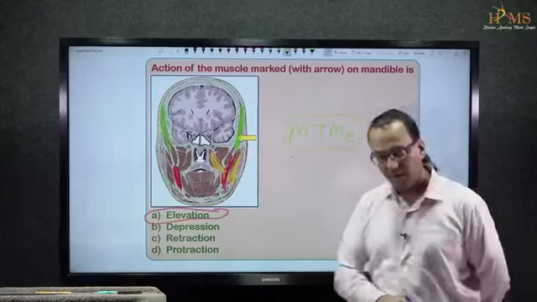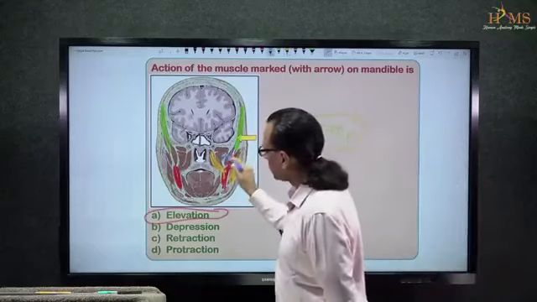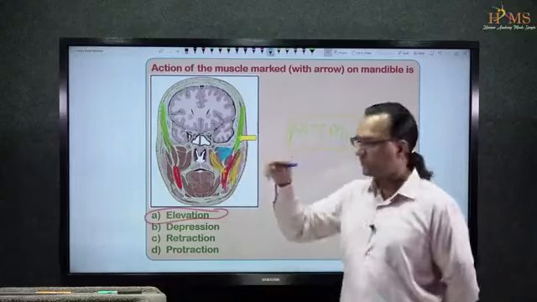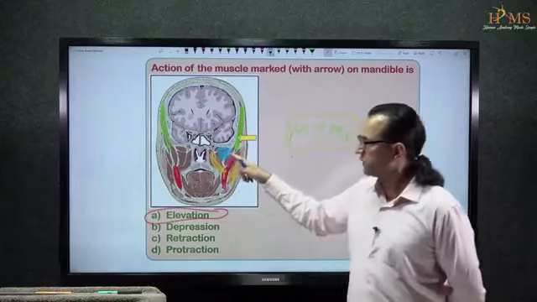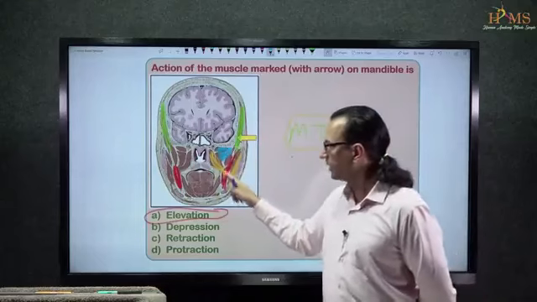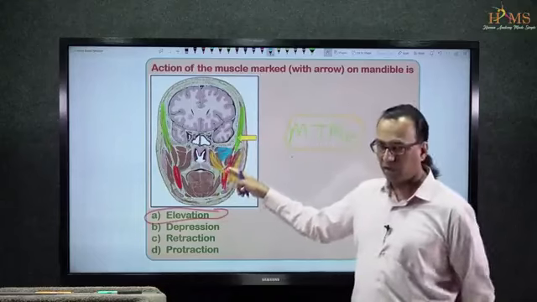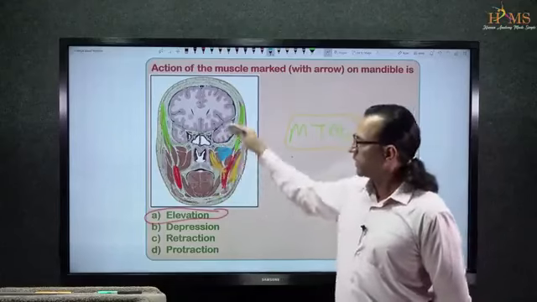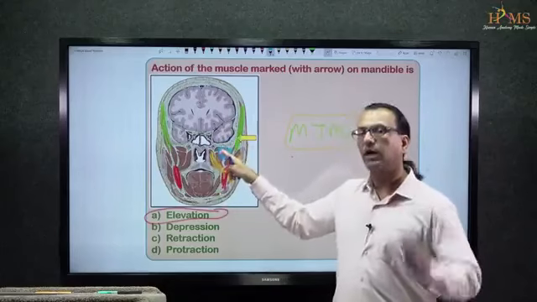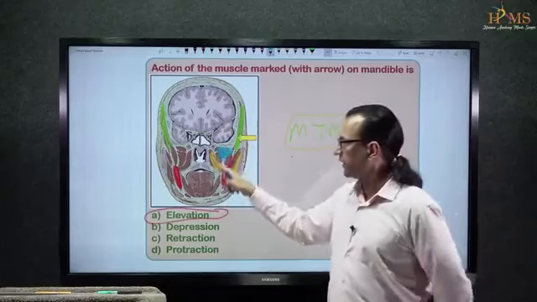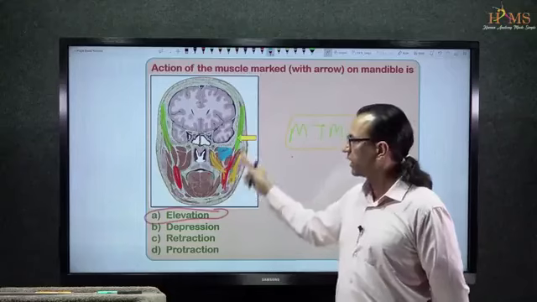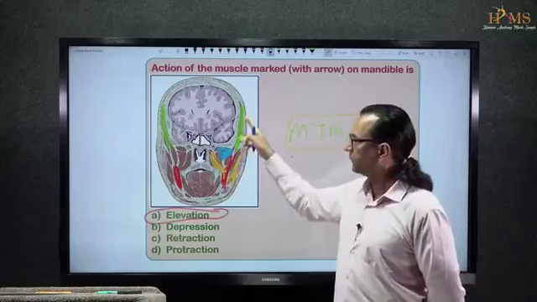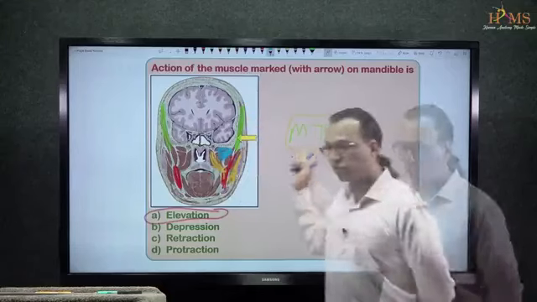Then where is the lateral pterygoid here? The lateral pterygoid muscle is actually attaching to the pterygoid fovea on the mandible. It is slightly higher. So this is the lateral pterygoid muscle, which is slightly higher as compared to the medial pterygoid. Medial pterygoid and lateral pterygoid both come from the pterygoid plate of the sphenoid bone, but the lateral pterygoid is higher, and it is a depressor of mandible to open the mouth, whereas the medial pterygoid is medial to the mandible bone, and it is working with the masseter and the temporalis, the MTM elevators, to close the mouth.